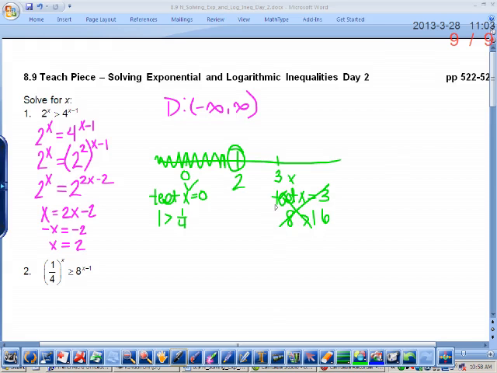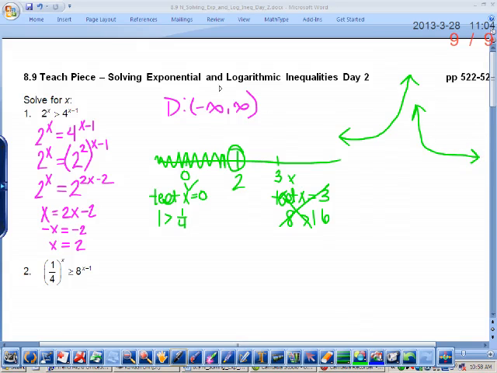Okay, so I want you to think about exponential functions. Exponential functions are always either increasing for growth or decreasing for decay. Would you agree? So once a function switches from being greater than another one to less than, it's not going to go back. It's always increasing or always decreasing.